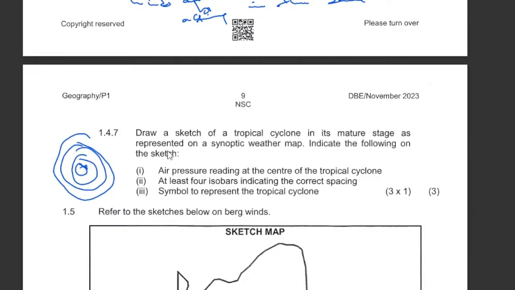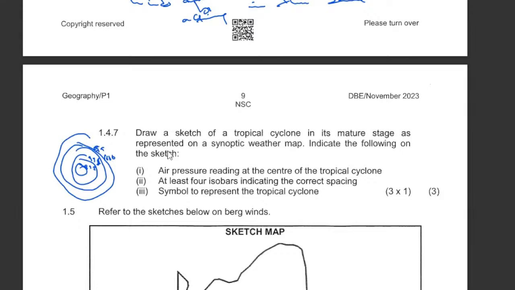We say this is 992, this is 996, this is 1000, and it's at least 4 isobars indicating convective spacing.